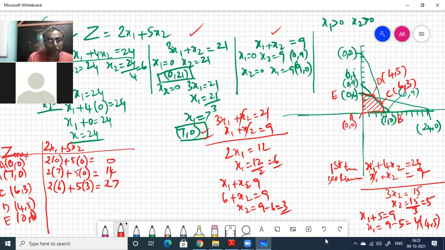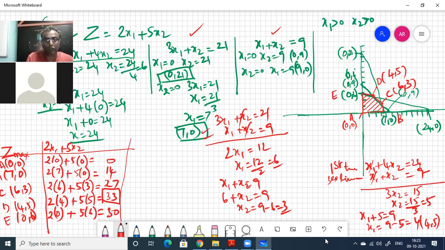Then the fourth one, 2 into 4 plus 5 into 5. 2 into 4 is 8, 8 plus 25 is 33. And the last one is 2 into 0 plus 5 into 6, that is equal to 30. If you maximize this, which one of these is maximum? 33 is maximum.